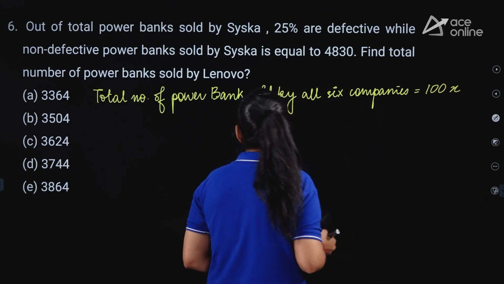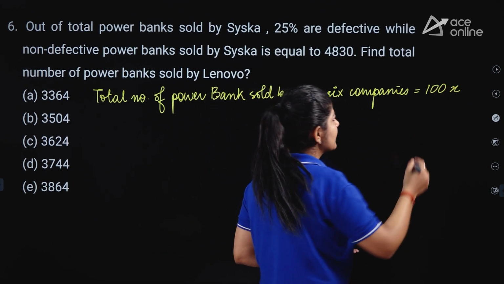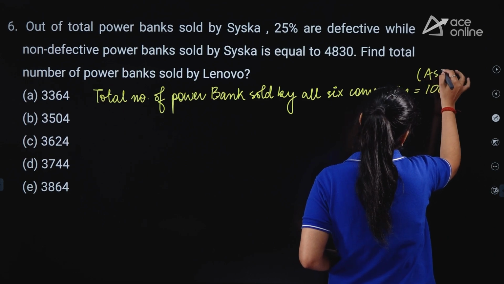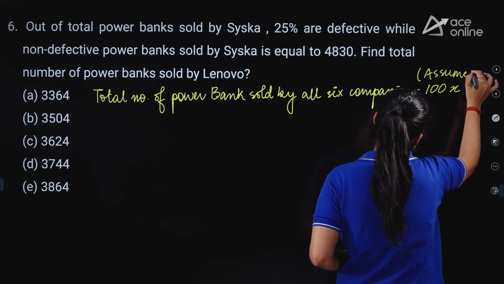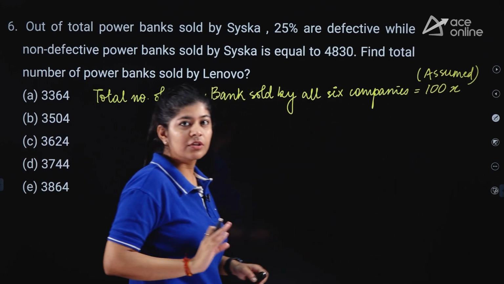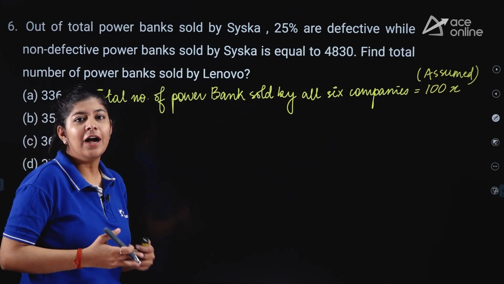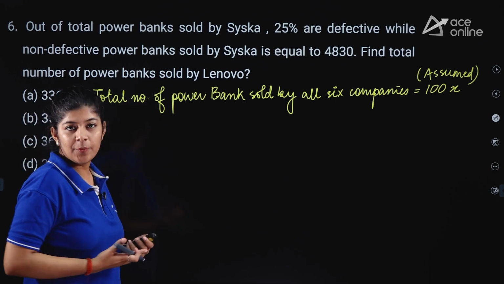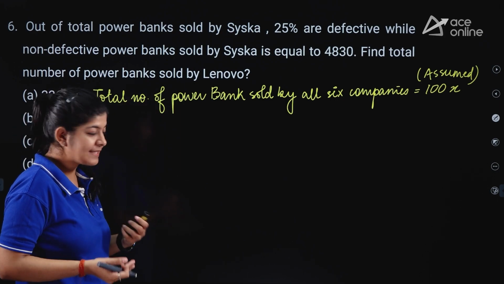We just simply assumed this value. Now out of these 100x, how many power banks is this Cisco actually selling?